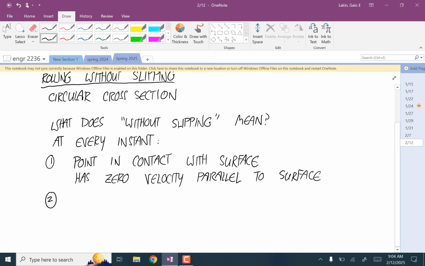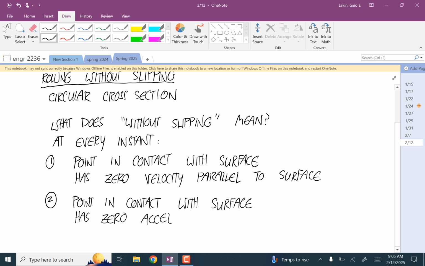The same thing with acceleration. So even if the velocity is 0 parallel to the surface, you can't have a different acceleration than the surface parallel to it. That's just the start of sliding, kind of. Okay, so the point in contact with the surface has 0 acceleration parallel to the surface.